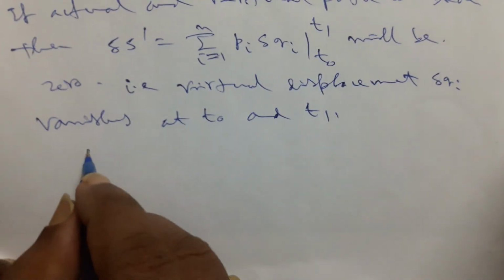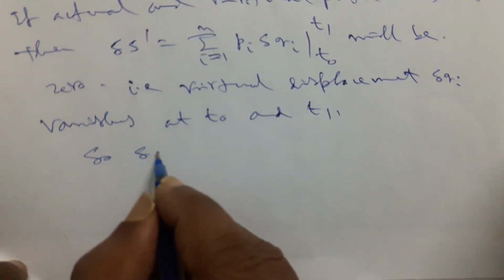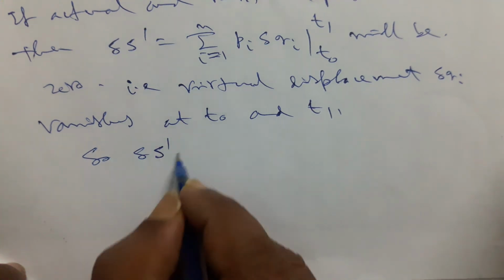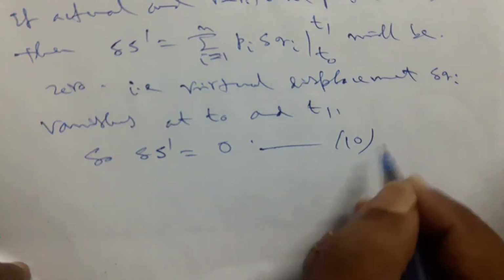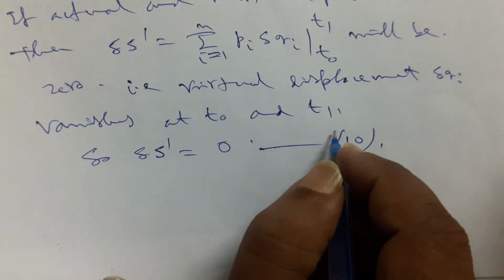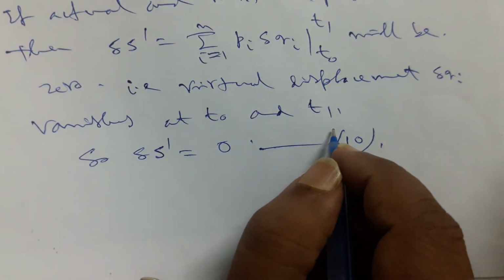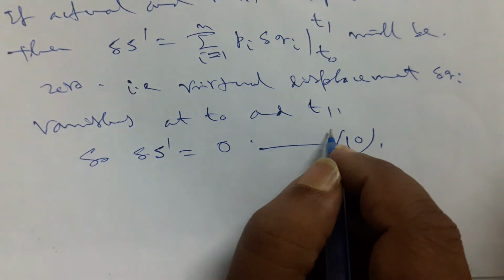So the virtual displacement δS dash will be 0, taking it as equation number 10. We are thus in a position to state the principle of stationary action.